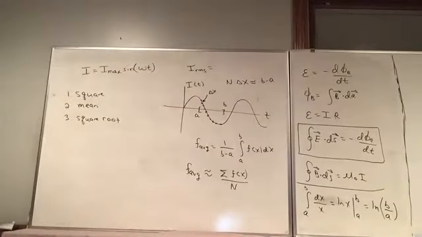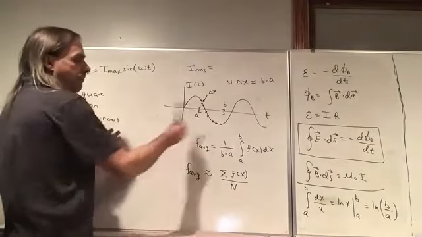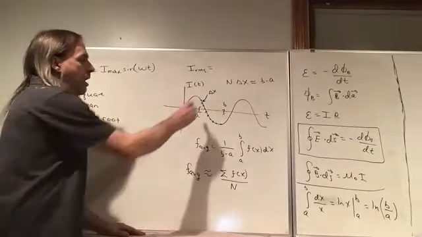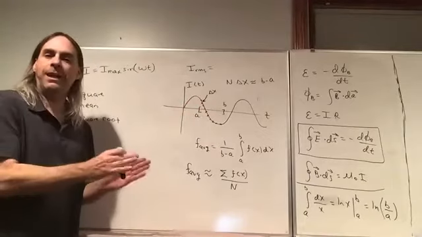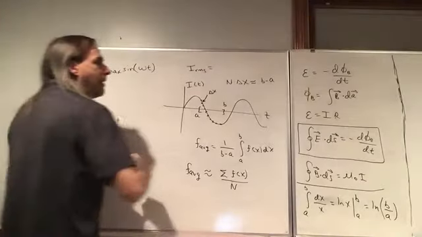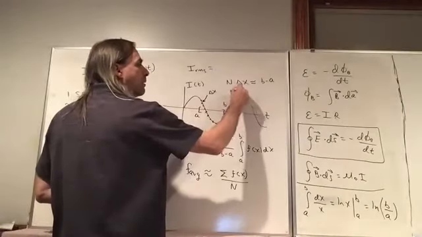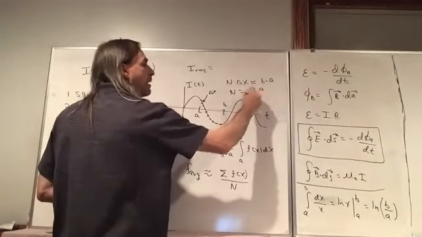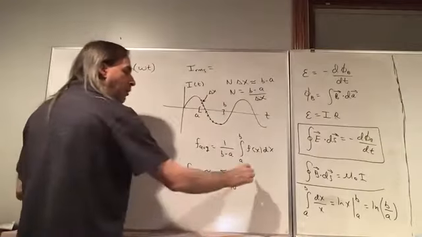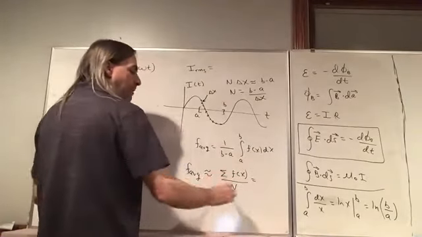Now I have that approximately equal because the number of intervals is not going to be exactly equal to the number of dots you place there, but it could be off by one. Who cares? And so we can say that n is equal to b minus a over delta x, or 1 over n is delta x over b minus a.